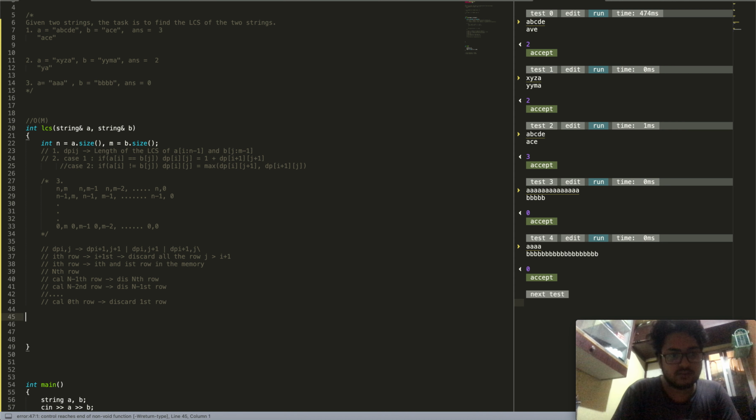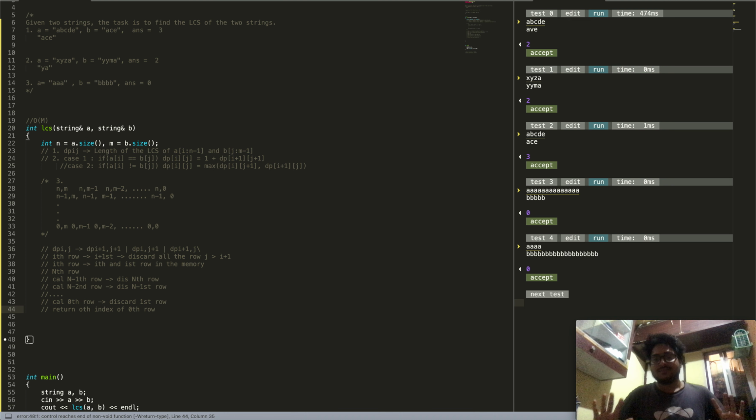After all of these calculations, all I need to do is return the 0th index of the 0th row. That is the entire algorithm. So let's try to code this up.